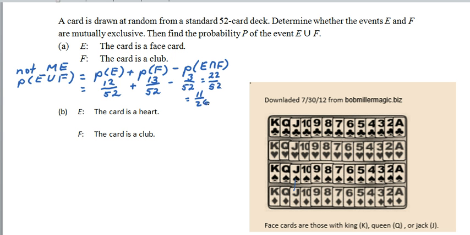In the second case, part B, the event that the card is a heart is E, and the event that the card is a club is F. There's no clubs that are also hearts, so this is mutually exclusive.